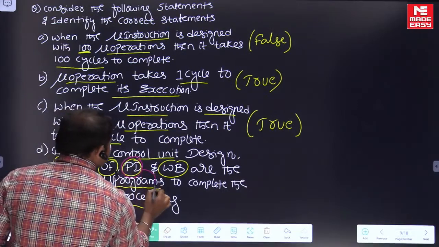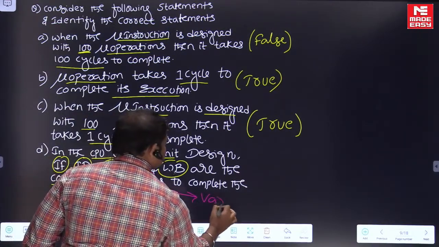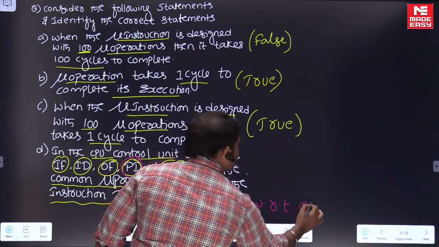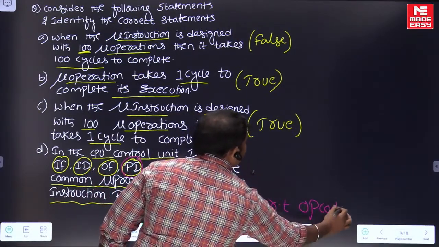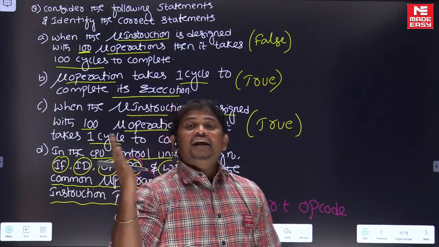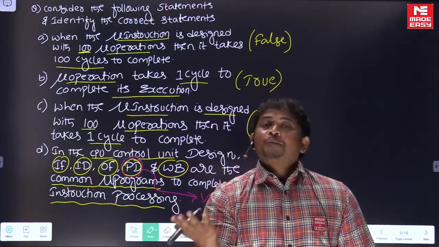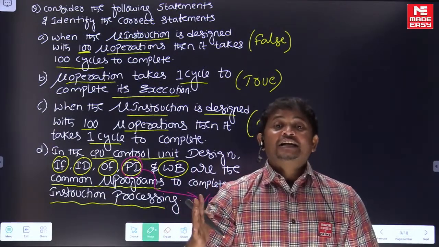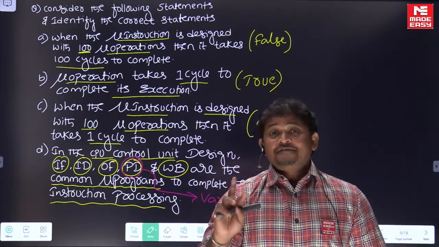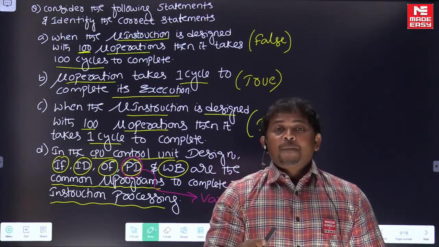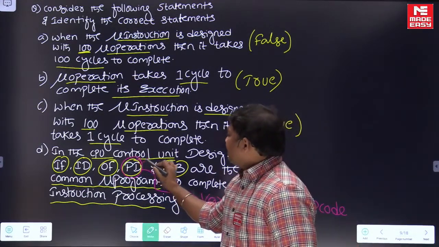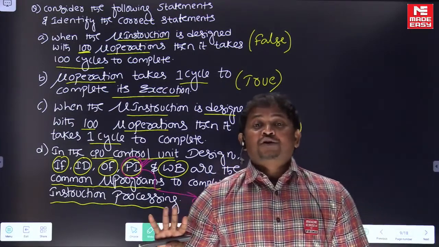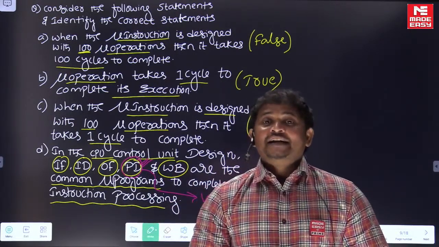PD, process data, varies with respect to the opcode. Suppose the opcode is addition, then an addition-related microprogram processes it. If the opcode is multiplication, a multiplication-related microprogram processes it. Therefore, depending on the opcode, PD will vary. PD is not a common microprogram in the instruction design.